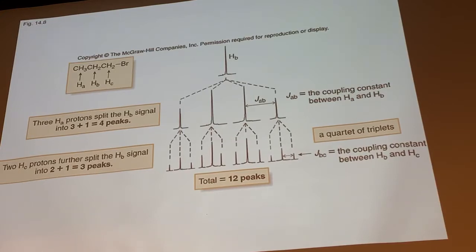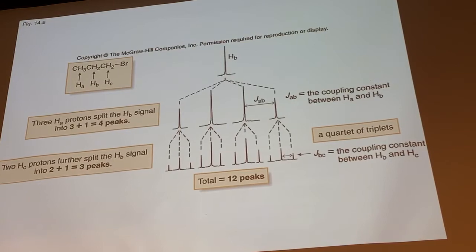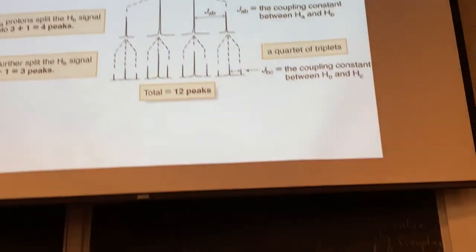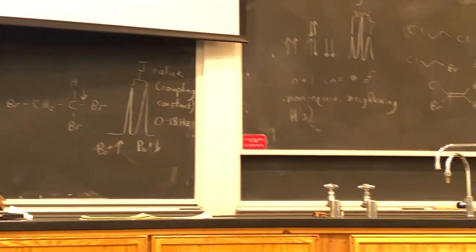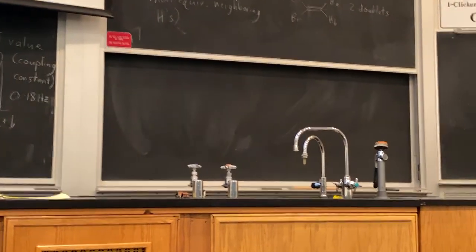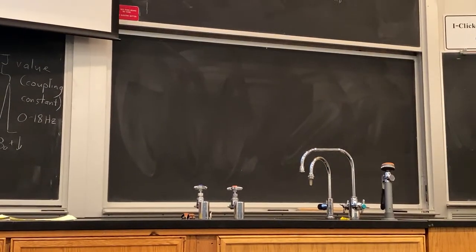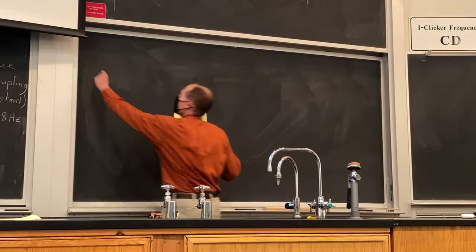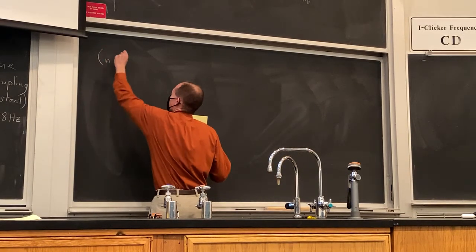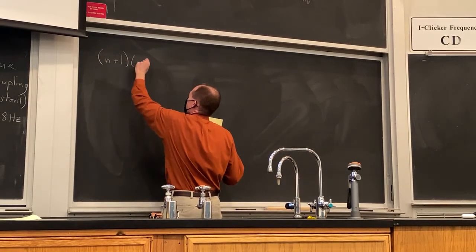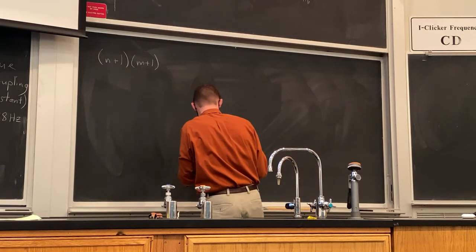Okay? So we end up with a different multiplicity rule. Instead of n+1 telling us the number of peaks, we have to use n+1 times m+1.